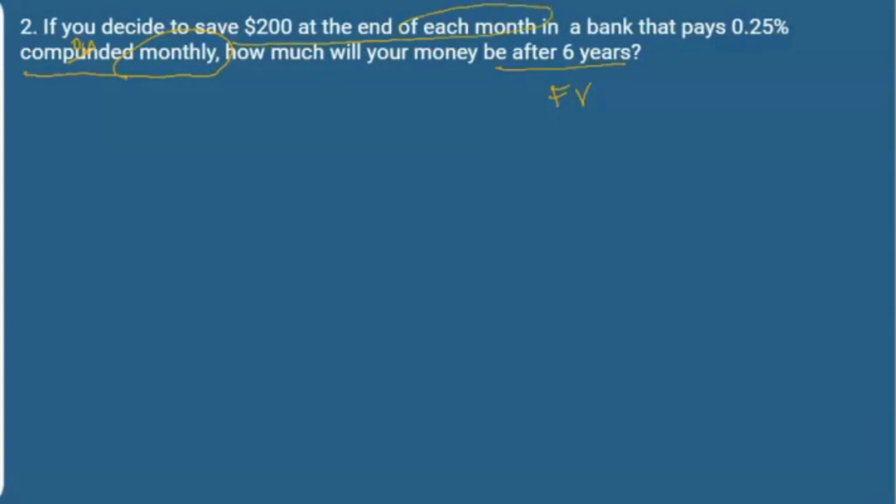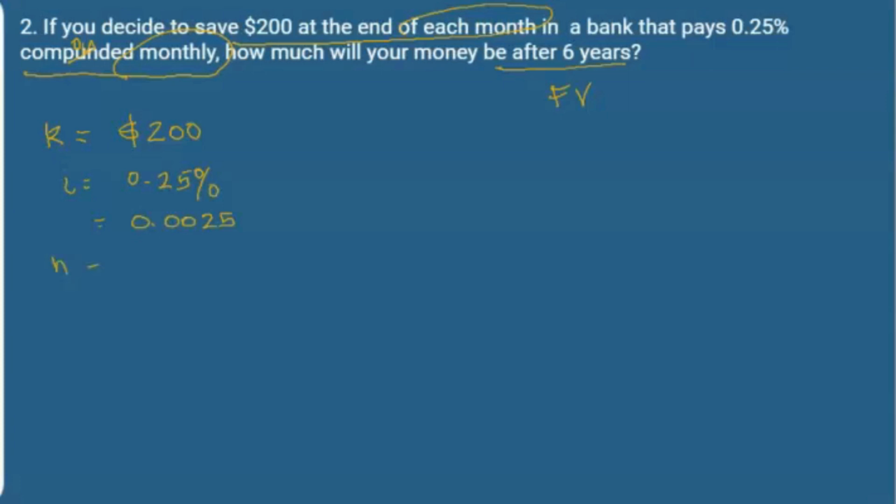So month, it's the same. Let's identify the givens. The regular payment R is $200. I is 0.25%. In decimal, this is equal to 0.0025.